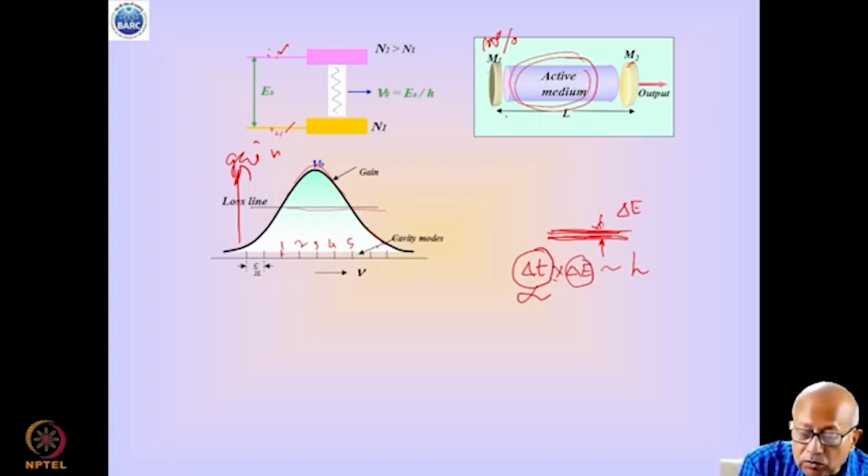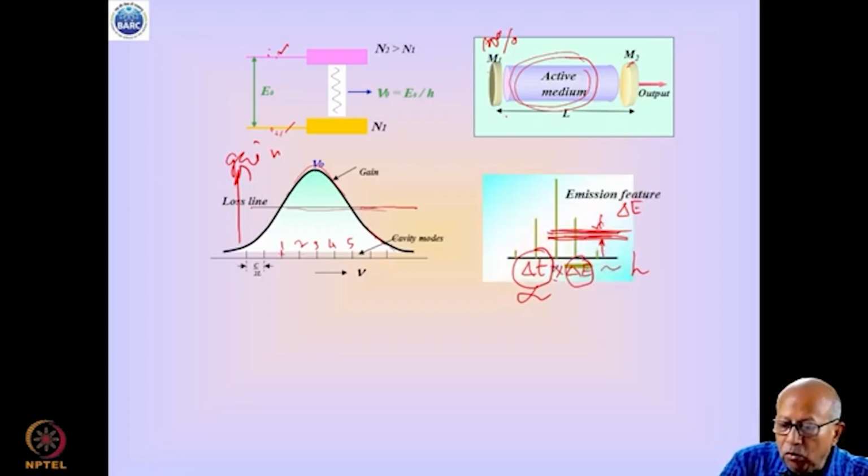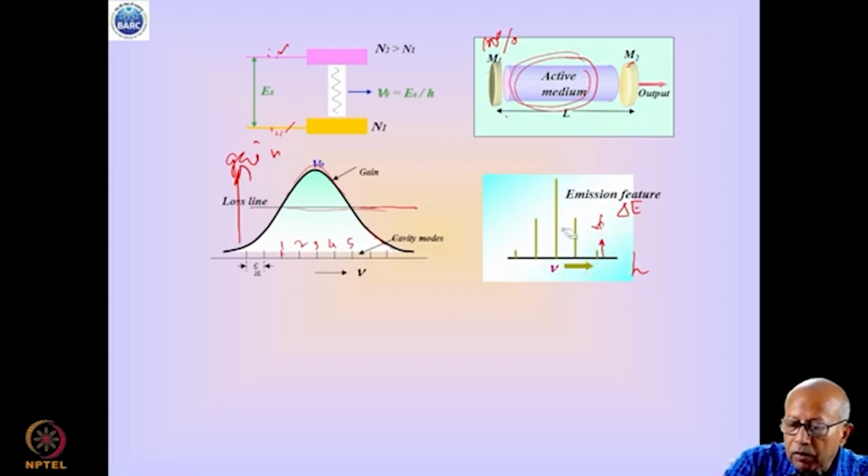The other modes, although they have some gain, have a loss much more than the gain. Therefore, they would not survive. And hence, the lasing would occur only on these 5 modes. And the emission feature of the laser would look somewhat like this.